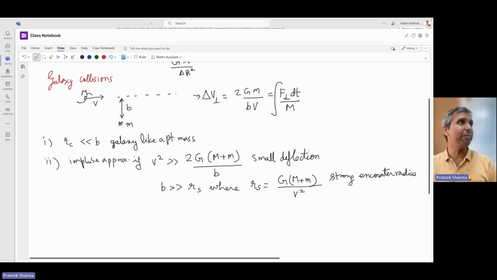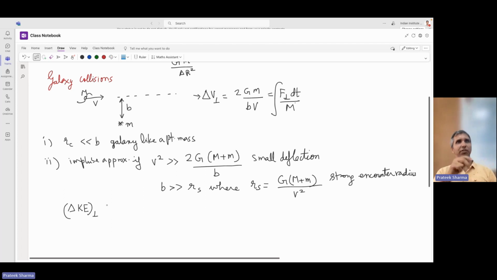The small mass m in turn gains equal and opposite momentum, because momentum is conserved. So let's calculate how much the kinetic energy of the galaxy changes; this is the change in kinetic energy of the system.